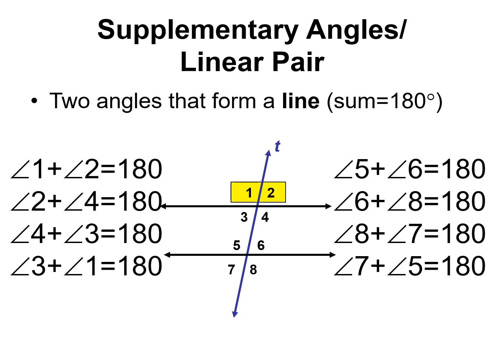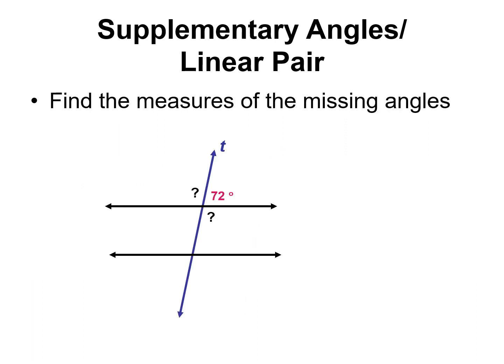Now through this diagram we can tell 1 plus 4 is 180, 2 and 4 are on a line, so it is 180, 3 and 4 is 180, 3 plus 1 is equal to 180 degrees, 5 plus 6 is equal to 180 degrees, 6 and 8 is 180 degrees, 8 and 7 and so on.